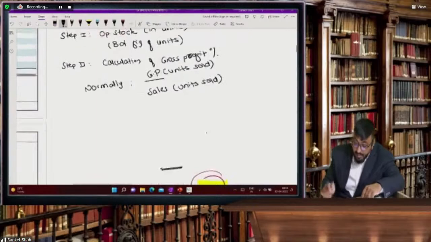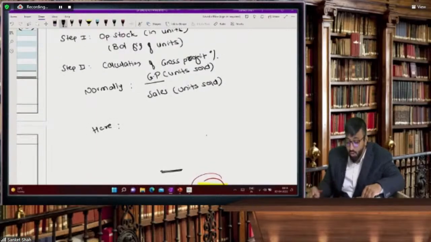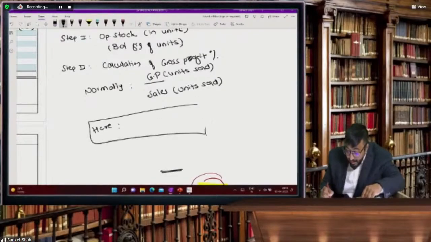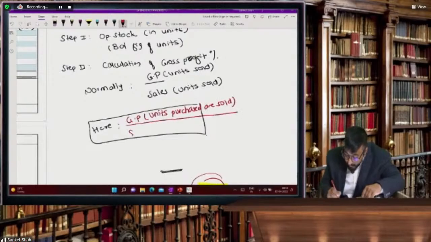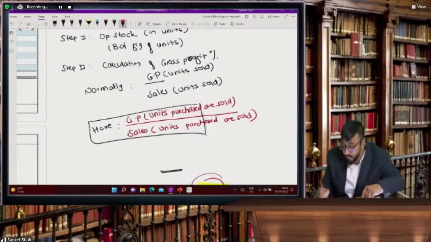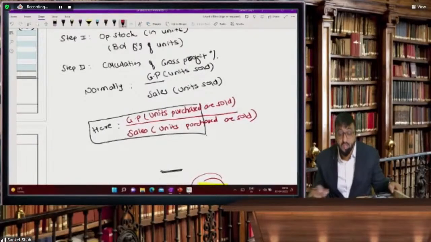But beta, here now we do not have the option. Here, what is the next important concept? Here GP is not on units sold. Here GP is on units purchased, if units purchased are sold, and divide by sales. Normally we calculate GP on units sold.